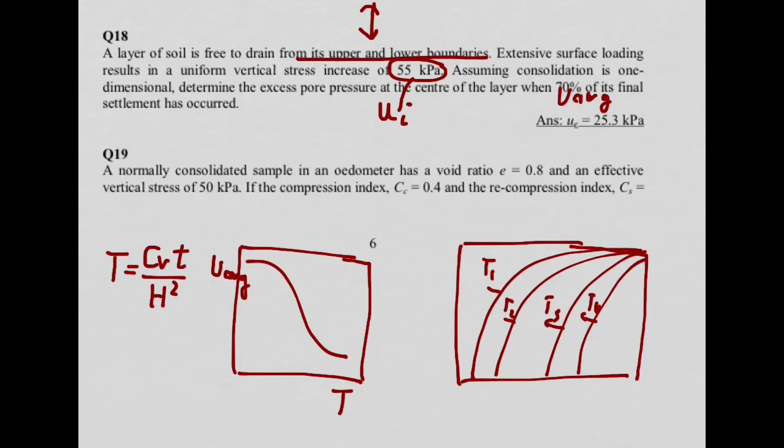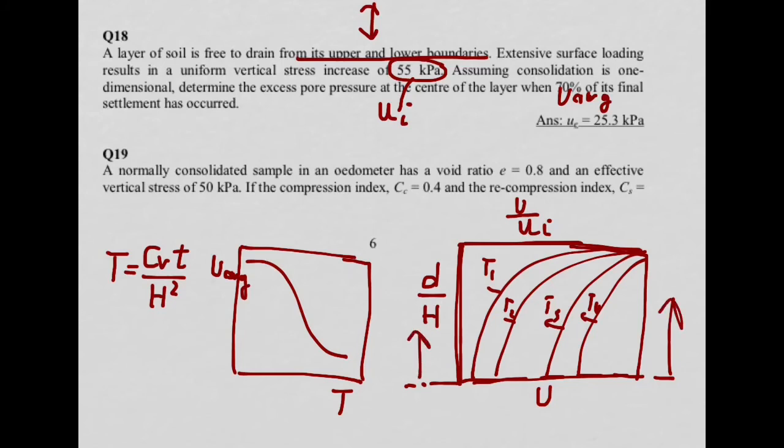At the bottom we have the local degree of consolidation, and this X at the top represents the ratio between the local pore water pressure and the initial excess pore water pressure. The vertical axis is z, which is the depth, over H, which is the maximum drainage length. This is two-way drainage, so this is considered the center line of this layer, and we have two-way drainage like that.